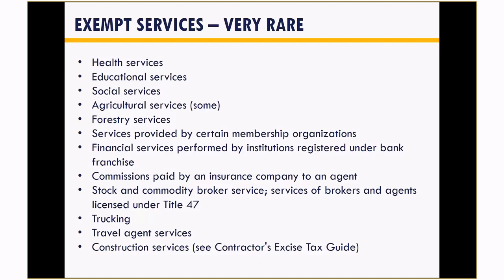Now there are a lot of construction services that are exempt. These are listed in the Contractor's Excise Guide, as we're looking down here at the bottom row. And that's a very complex topic that we really don't have time to get into today, but I can show you where they're at.